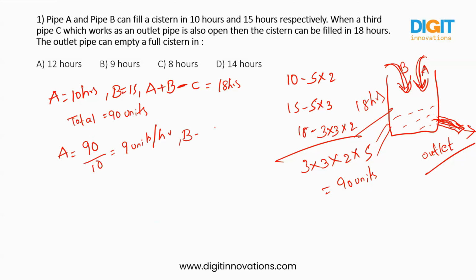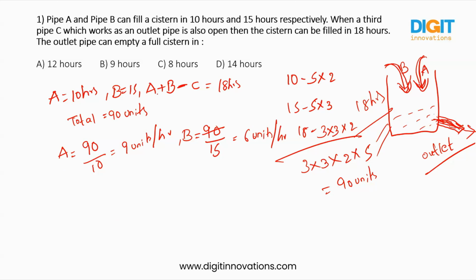When it comes to B, 90 by 15, it would be 6 units per hour.